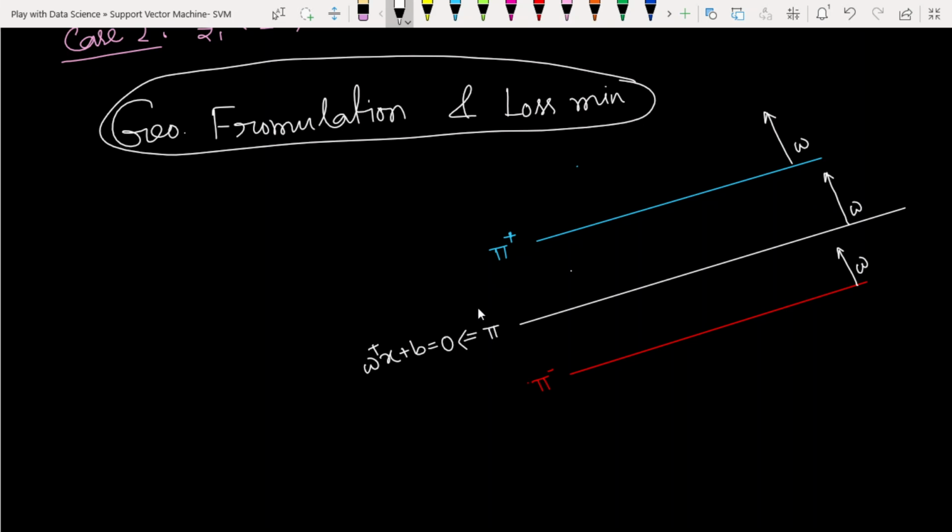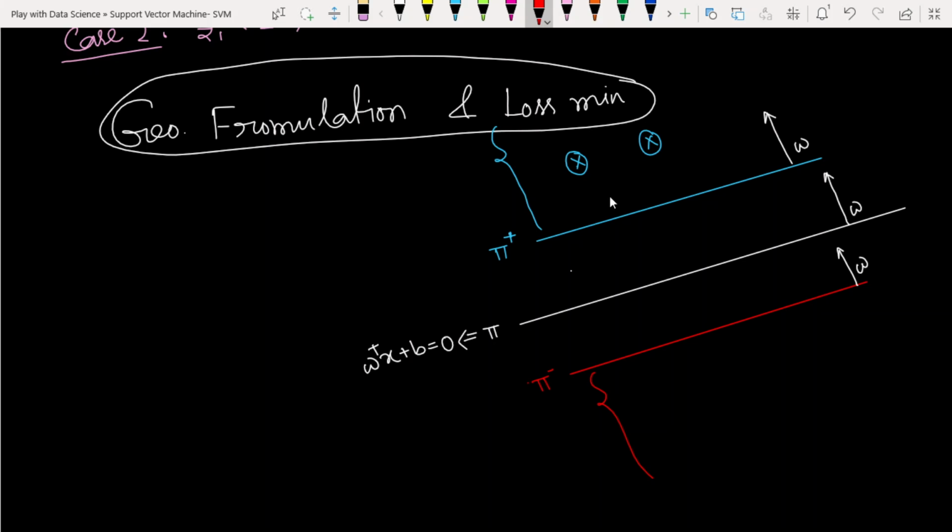Okay, so first take the points which are classified properly. If our positive data points are properly classified, then these points will be in this direction, in this region. This is the positive region, and this is our negative region. If our points are properly classified, then this point will be where? Here in this region, that is the positive region.